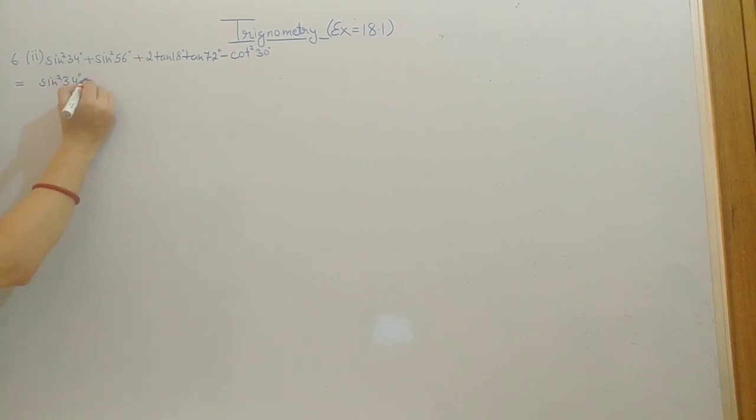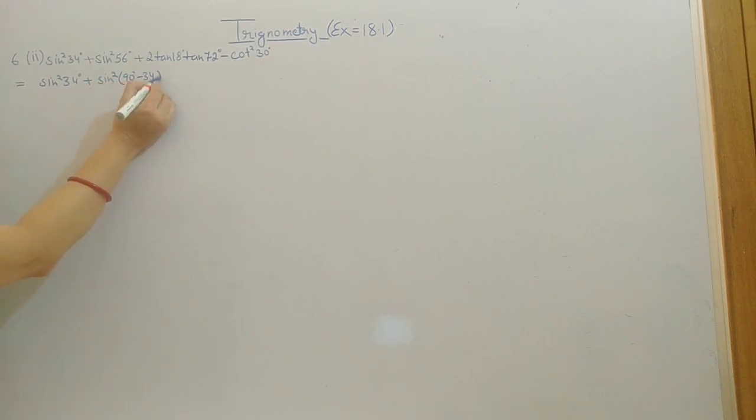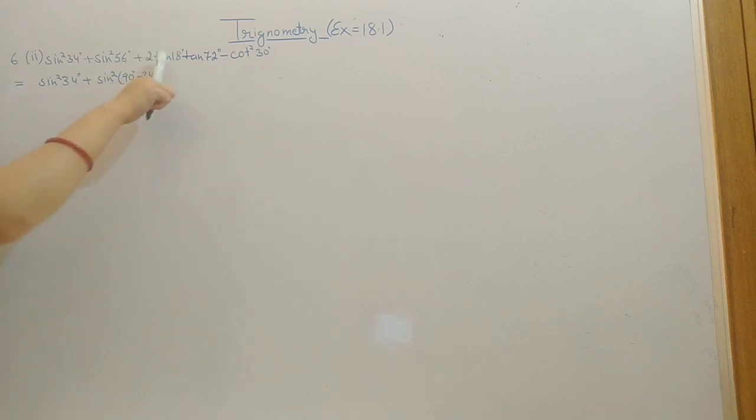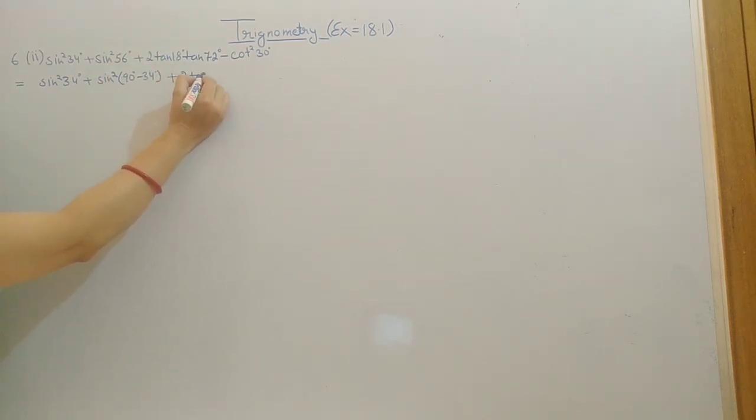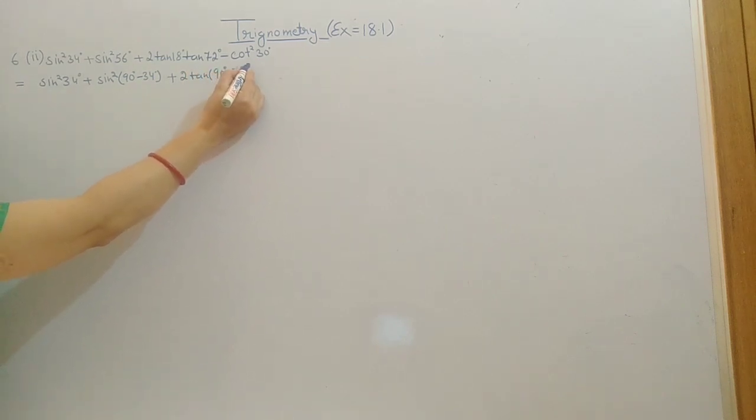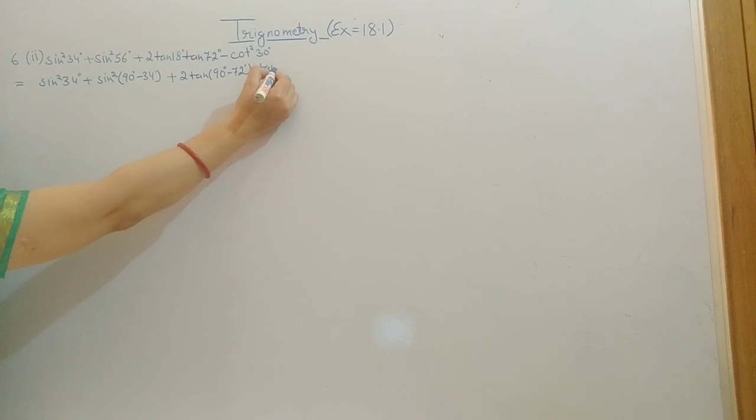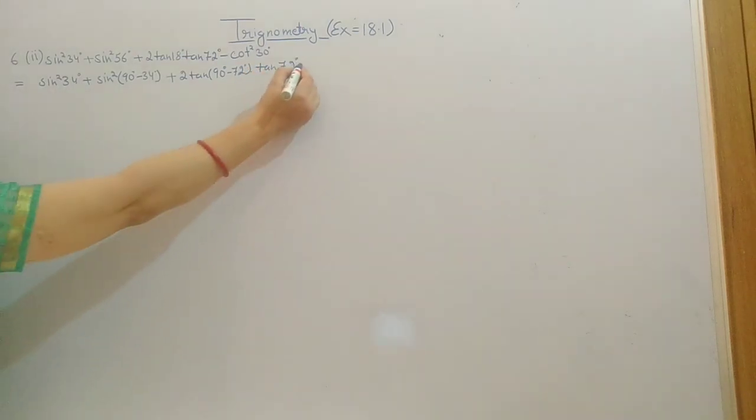Sin square 56 we can write as sin square (90 minus 34). Now from this third term, any one we can change to tan (90 minus 72), tan 72, and cot 30 value we can substitute, that is root 3.